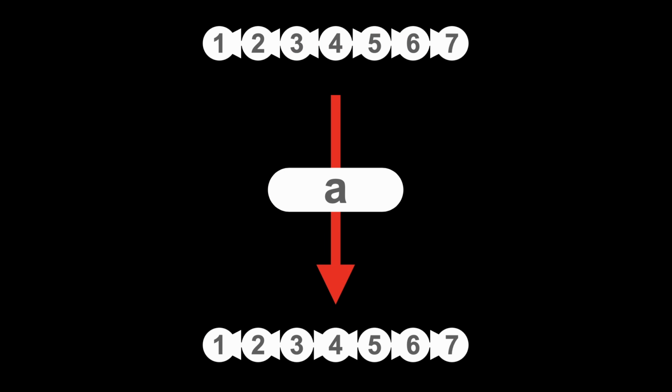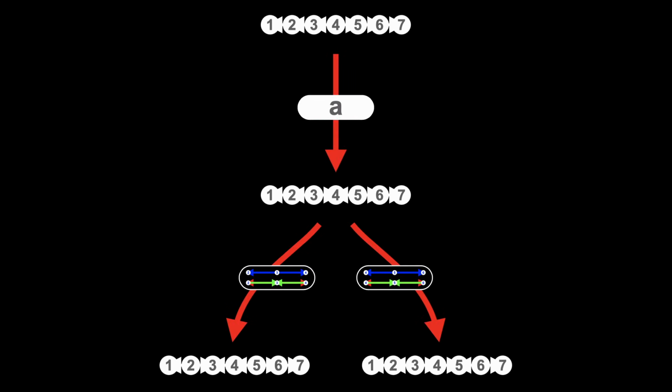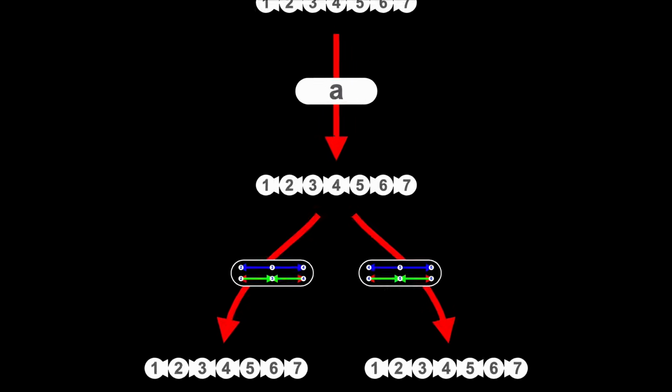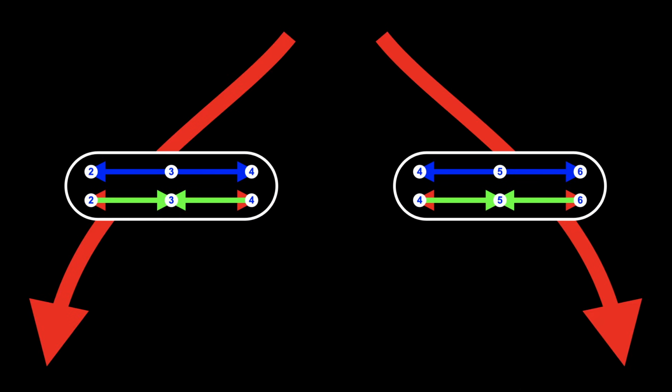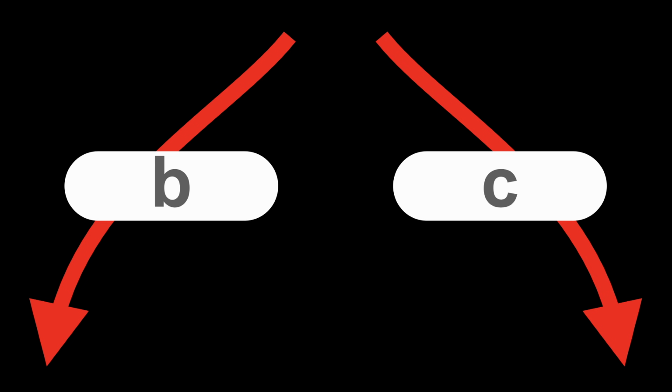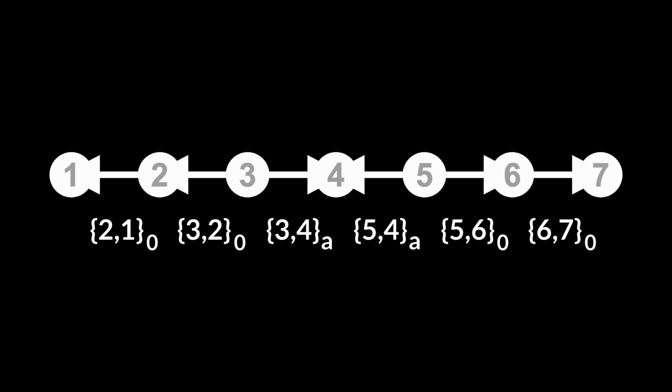Now that we have a way to identify edges and a way to identify events, let's go back to the multiway graph. After event A, there are two possible events, the one that flips the edges pointing outwards from node 3 and the one that flips the edges pointing outwards from node 5. Let's label these events B and C. As for the edges involved in events B and C, well, event A resulted in this state of the universe.